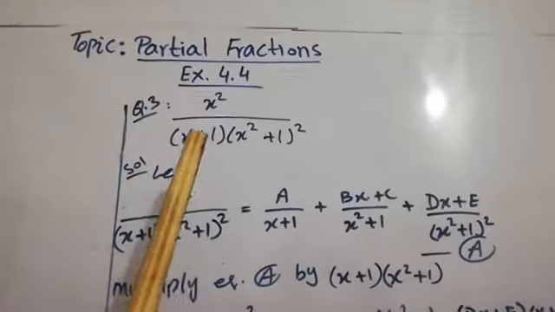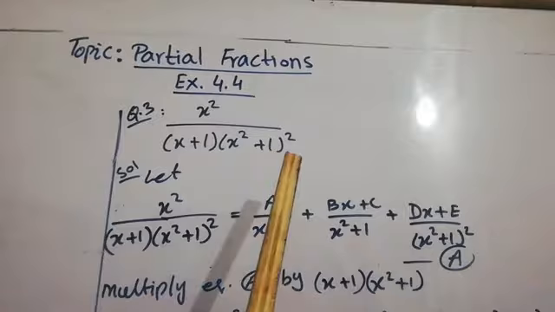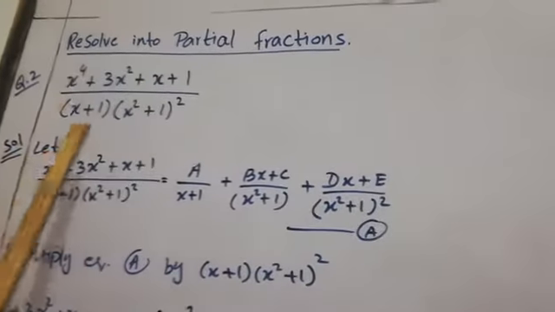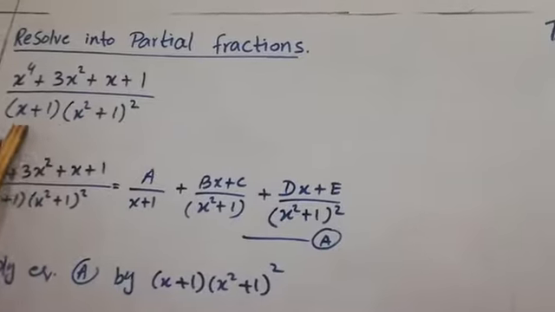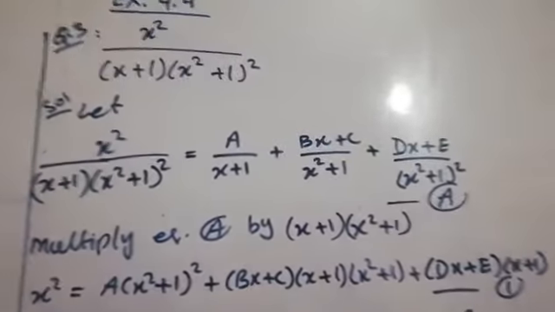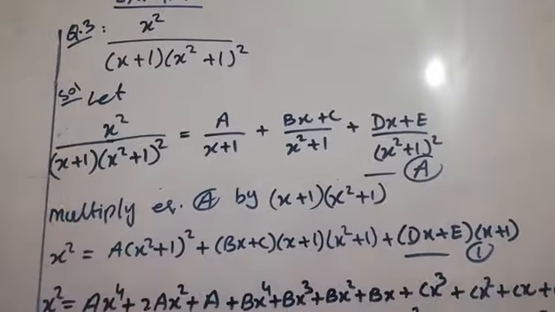Now question number 3 is x square by x plus 1 into x square plus 1 whole square. My dear students, this question is just like the previous one, the only difference being the numerator. The denominator values are the same, so we will write this fraction into partial fractions like the previous one.